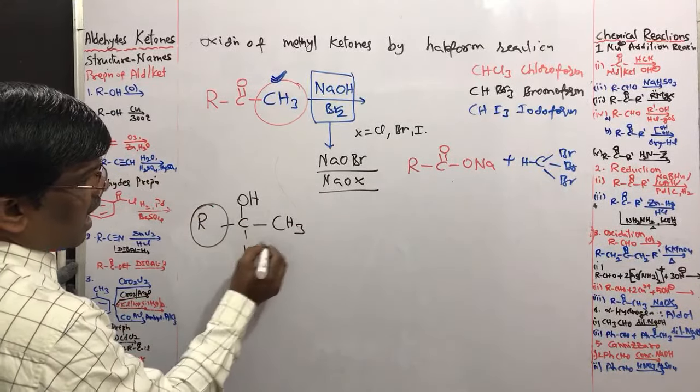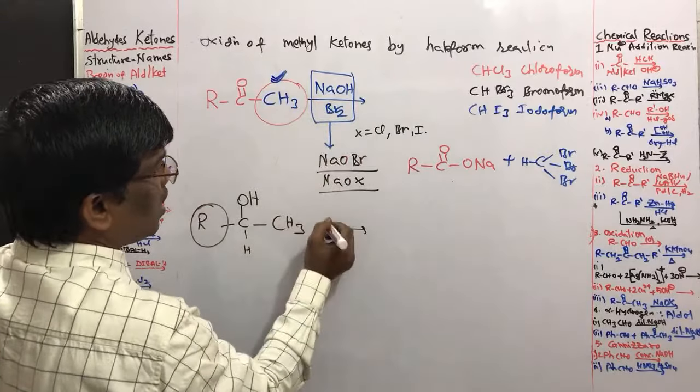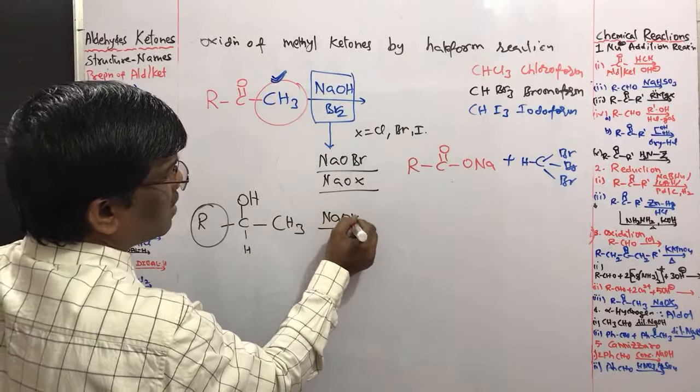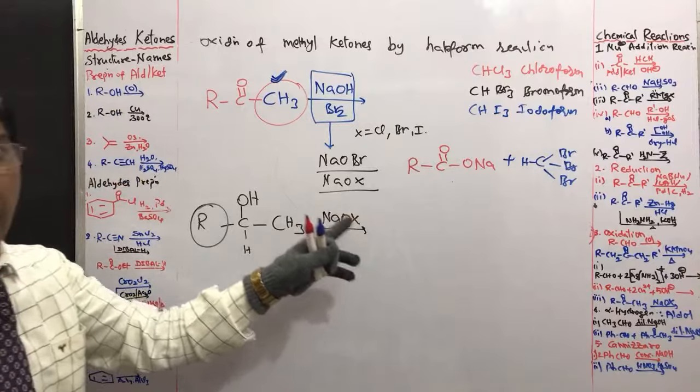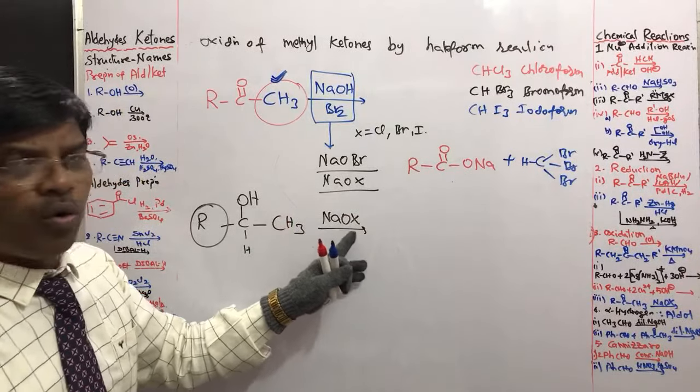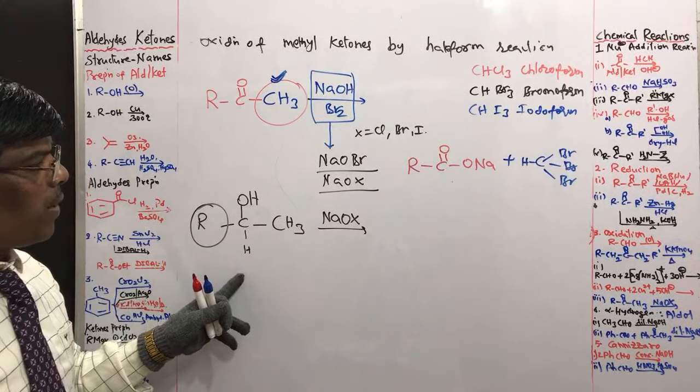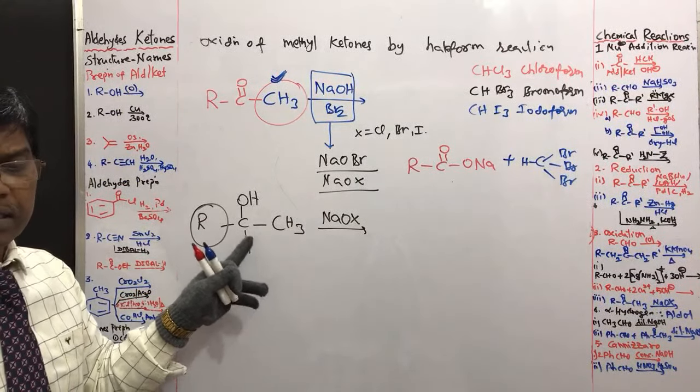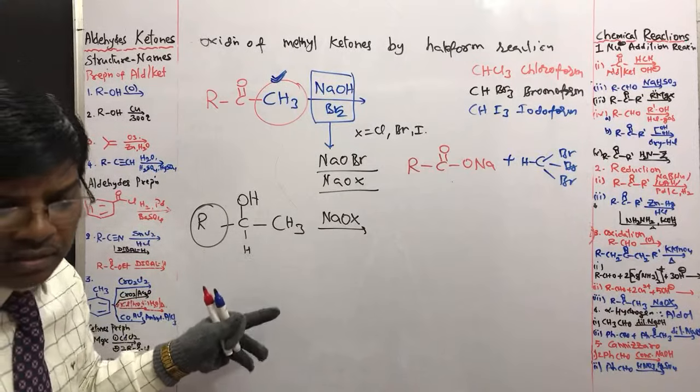If sodium hypohalite is added, this is the sodium hypohalite test. So when it is added to NaOX, what is going to happen? Is it going to give the test or not?